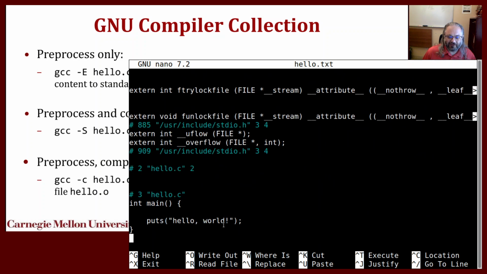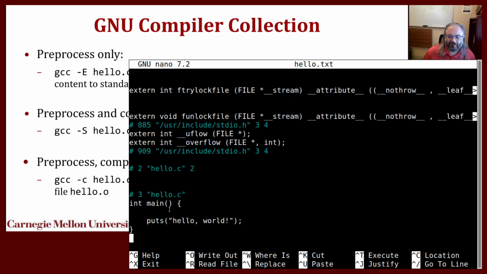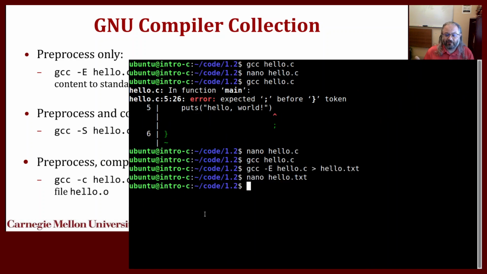And after all of this other stuff that's included, we see our original source code with one additional modification. There's no comment there anymore. So this is where the preprocessor did its two jobs. It removed the comments that we put in, and it added the entire contents of the library that we asked it to include before giving this to the compiler. So that's the job of the preprocessor.